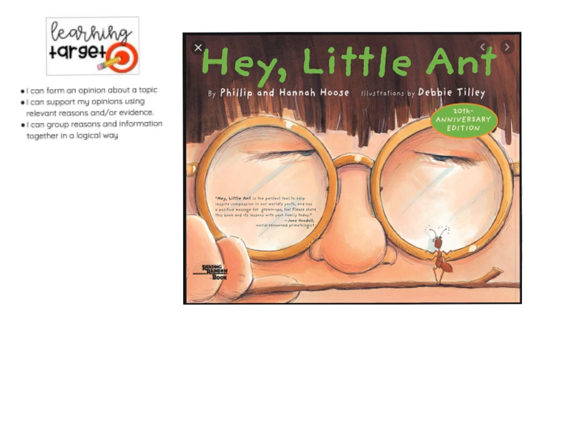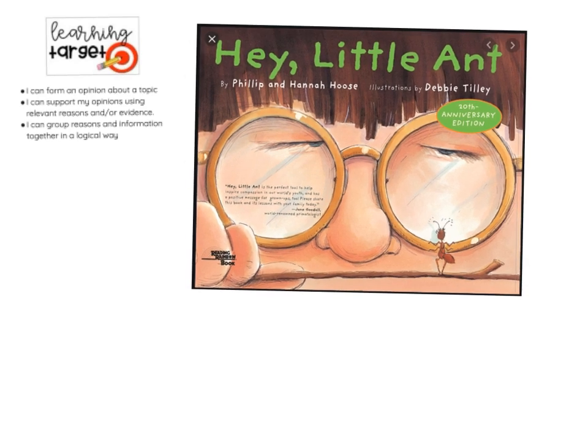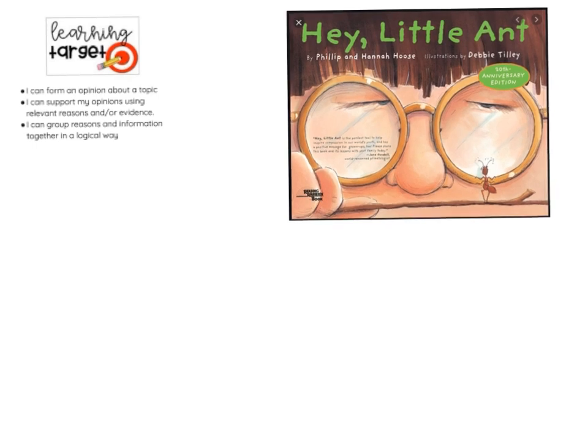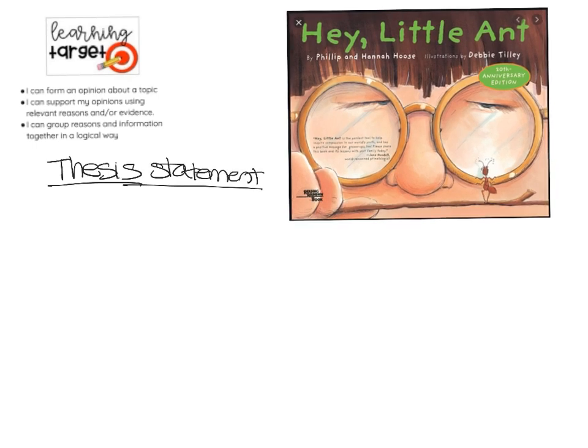So if we are looking at this and we decide, I want to come up with a thesis statement for this. First, before we do that, let's look at what a thesis statement would look like. So a thesis statement has three different parts. One, you need the topic.